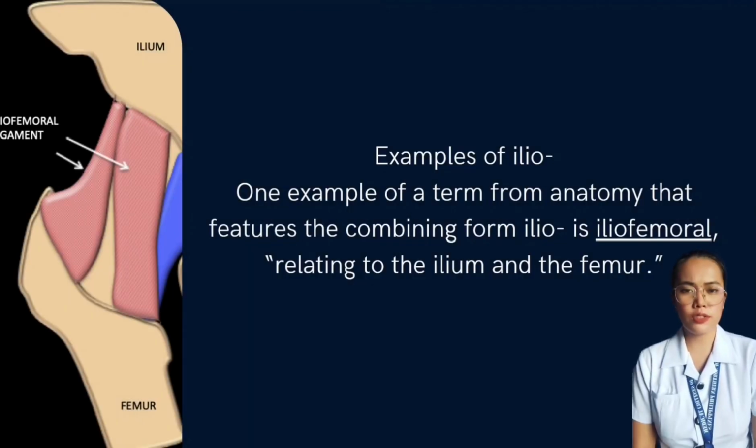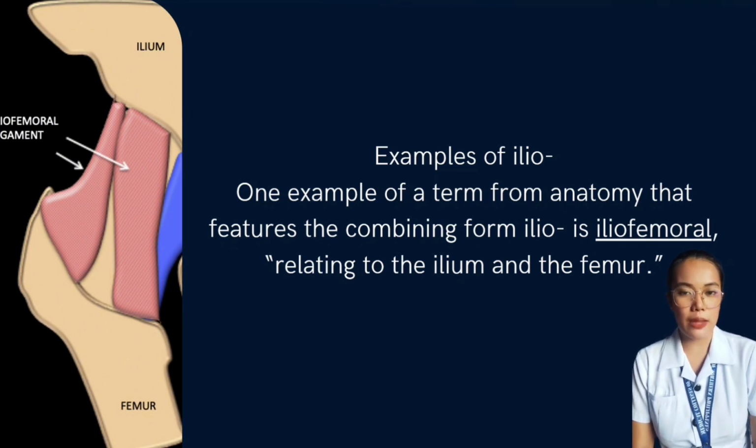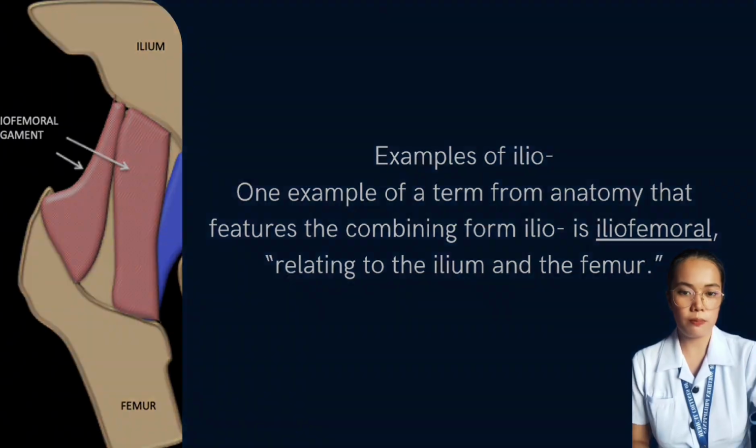One example of a term from anatomy that features the combining form ilio is iliofemoral, relating to the ilium and the femur. The first part of the word ilio means ilium, as we know. As you may have guessed, the femoral portion of the word means relating to the femur, also known as the thigh bone. Iliofemoral then simply means relating to the ilium and the femur.